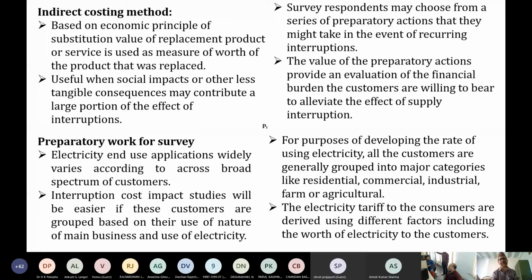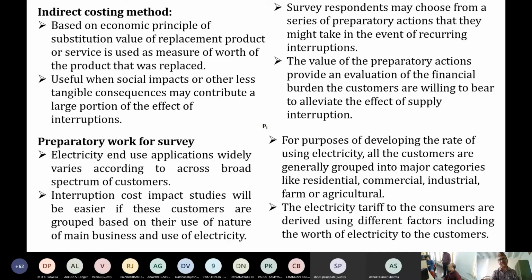There they have categorized the different subcategories of industrial customers and of commercial customers. Based on those subcategories, it is easier for the surveyor to categorize those entities, industrial and commercial, and carry out the survey.